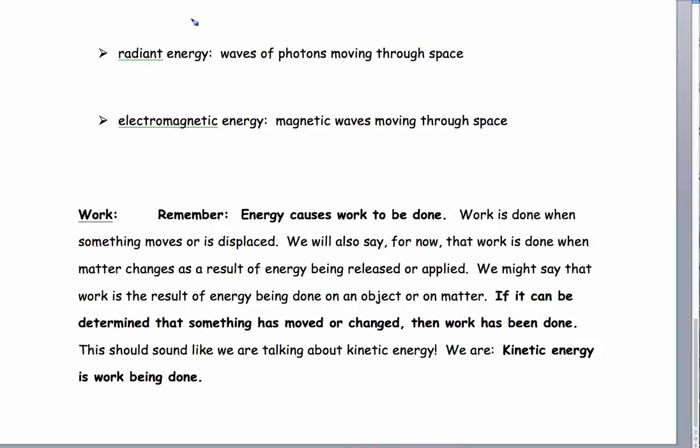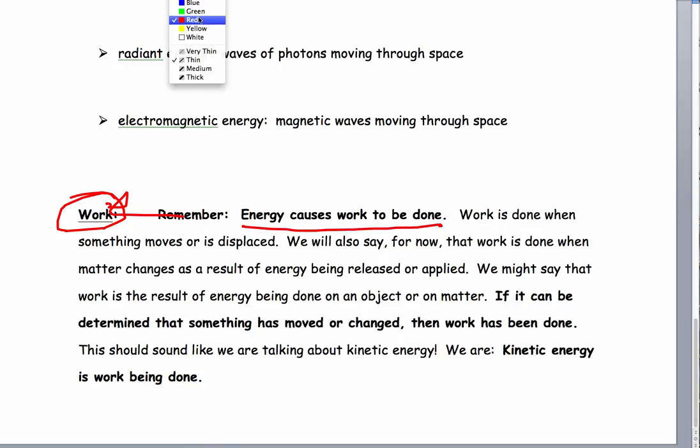So work. Remember this: energy causes work to be done. If there's work being done, then energy is present. If there's energy being applied to something and there's change, or something's moving, then work is being done. So work is done when something moves or is displaced.